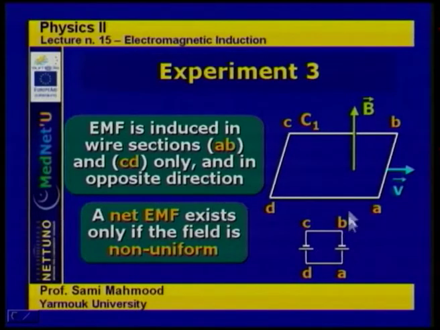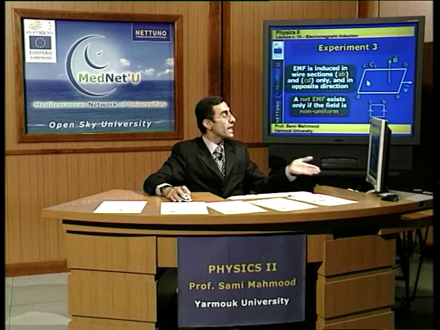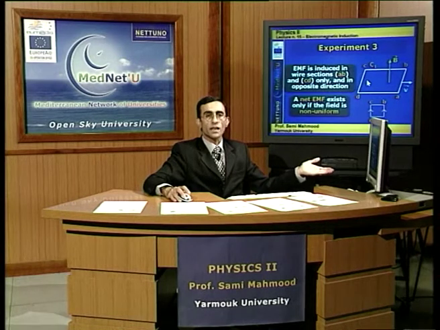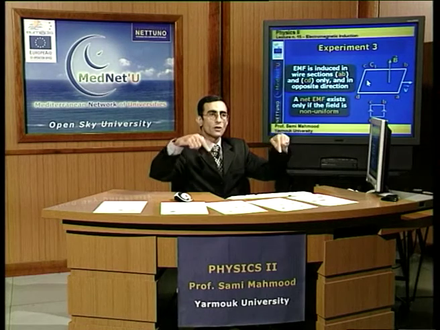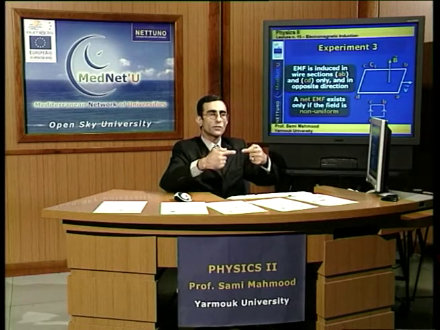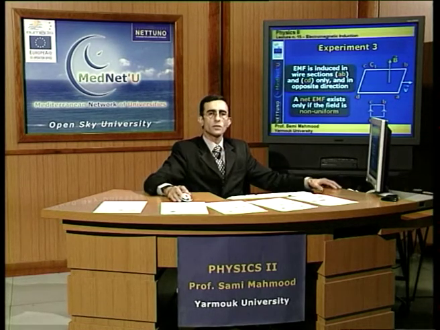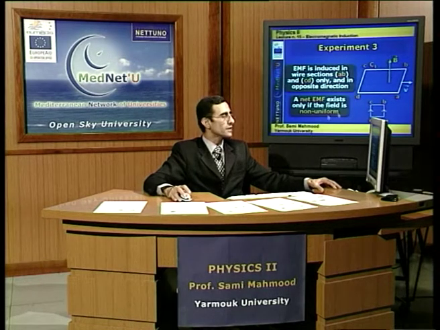So the magnetic field crossing the region of wire AB is exactly the same as the magnetic field in the region of CD. The force is exactly the same, the electric field is exactly the same across these two wires, and then the electromotive force is exactly the same. Thus we have two batteries with opposite directions, and the result is zero current in the circuit.